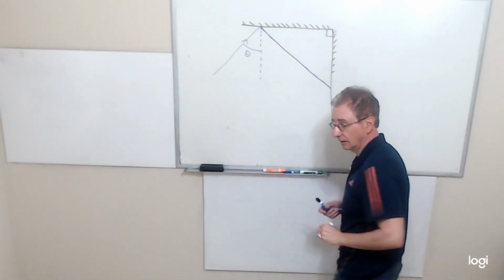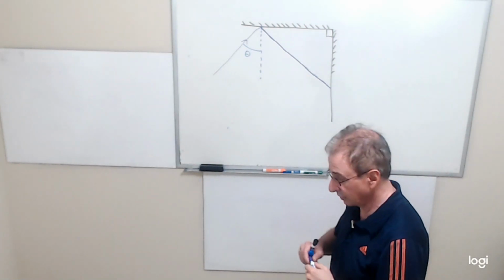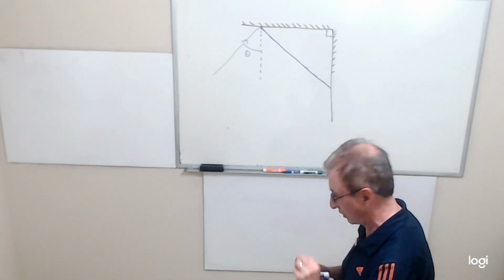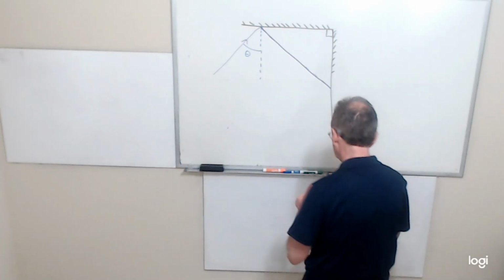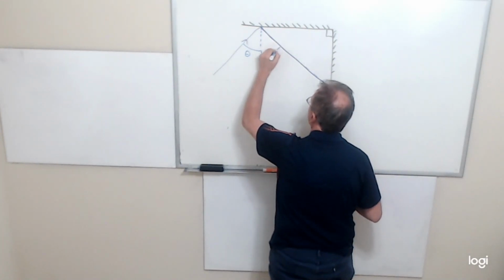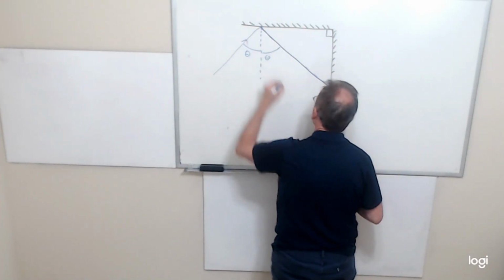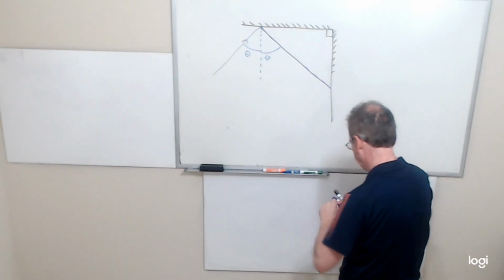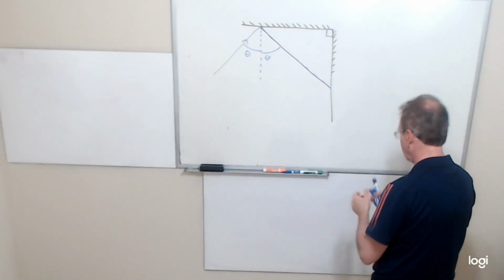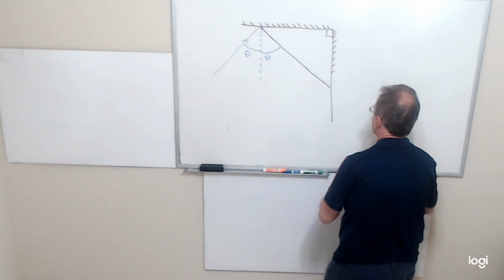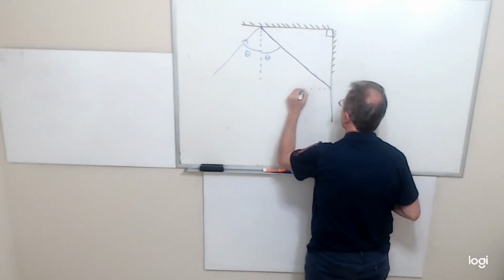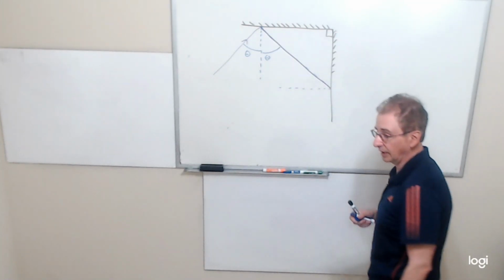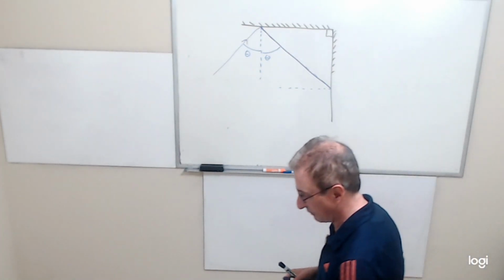And again, I'm drawing this by hand, but if you do this with a ruler and a protractor, it comes up perfect. So this is the angle theta. It hits this mirror. And again, it's going to bounce off at what angle? Let's see.